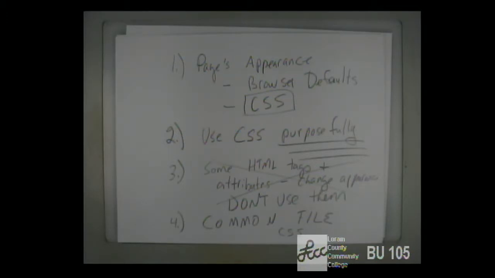When I talk about the appearance, I'm talking about everything about the appearance. In other words, the positioning, the fonts, the colors, the size, all those things come into CSS. We're going to start out simple by doing colors, because unless you're colorblind, colors are the most obvious thing to see. I can demonstrate that very easily, and we can talk about our pages and making the changes.